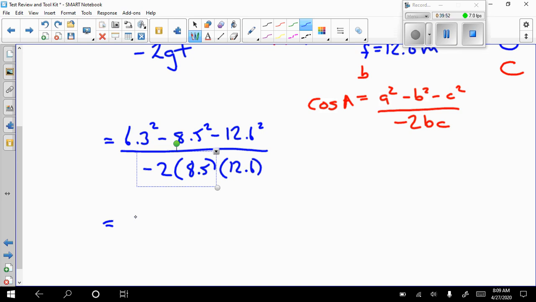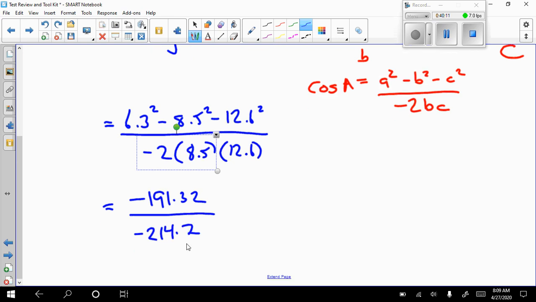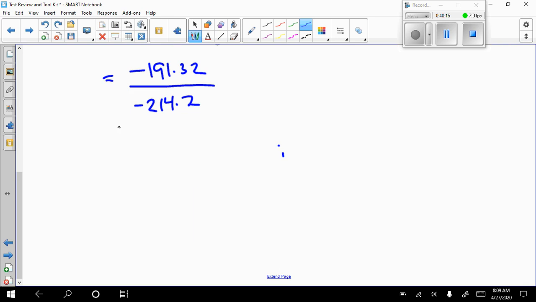And there I end up with negative 191.32 on top, and then on the bottom, it's negative 2 times 8.5 times 12.6. I end up with negative 214.2 on the bottom. So a negative divided by a negative is a positive.